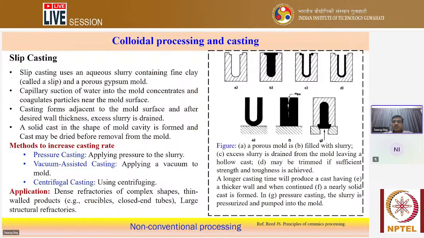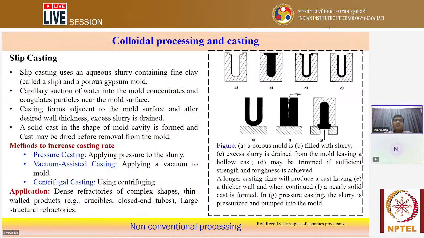Now I'll come to this topic. One important non-conventional materials processing topic is colloidal processing and casting. In this module, slip casting is one important manufacturing process for ceramic components, because we cannot directly manufacture ceramic components like other metallic materials.